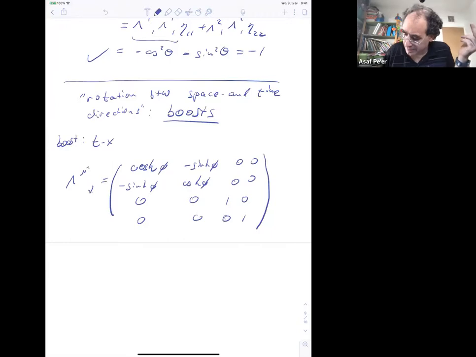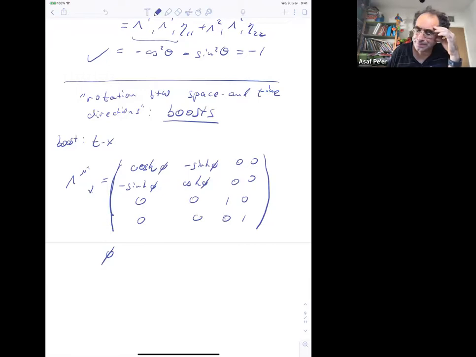So the format looks very much the same as the rotation, just because we had the extra minus sign. We had to replace the cosine with cosh, and the sine with sinh, and we had to have the extra minus sign. The parameter phi in particle physics has a name.